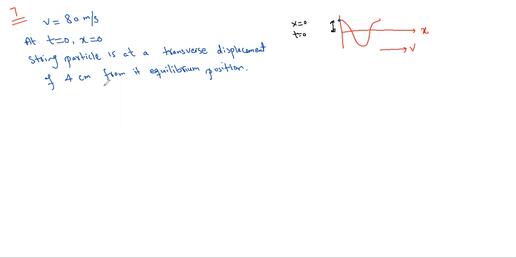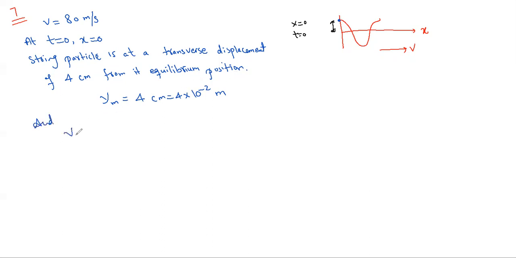So I can write ym to be 4 centimeter, or 4 multiplied by 10 to the power minus 2 meters. Then it is given that the maximum transverse speed of a string particle at x is equal to 0 is 16 meter per second.